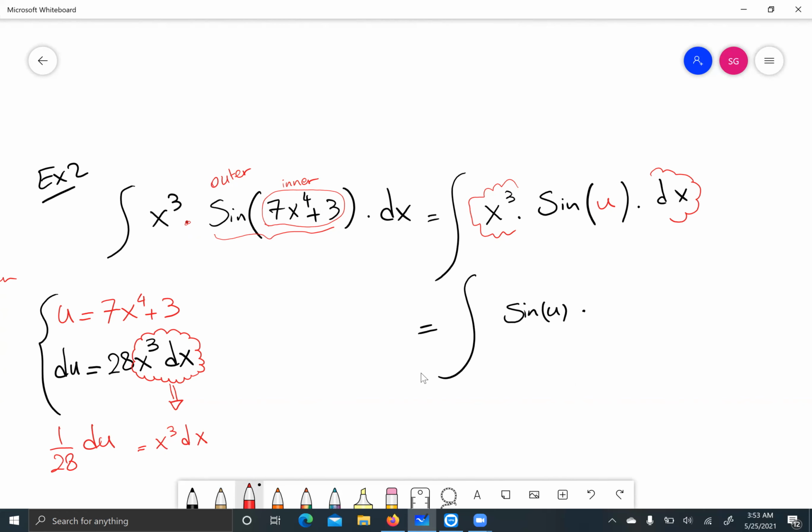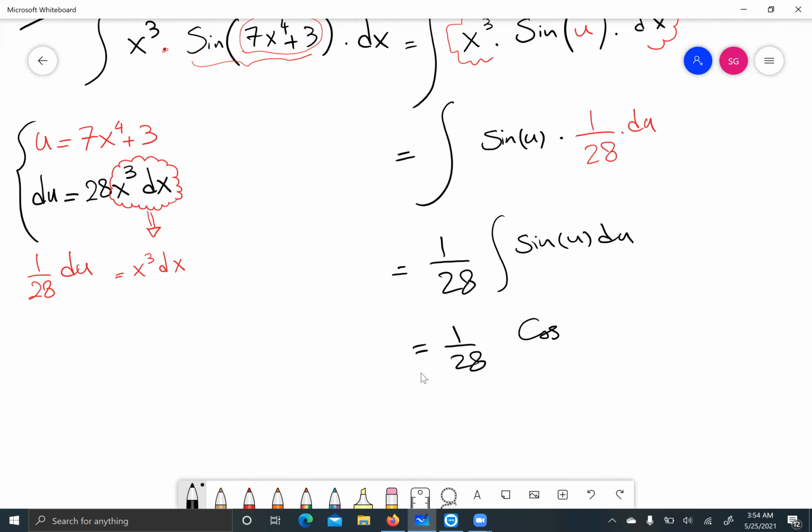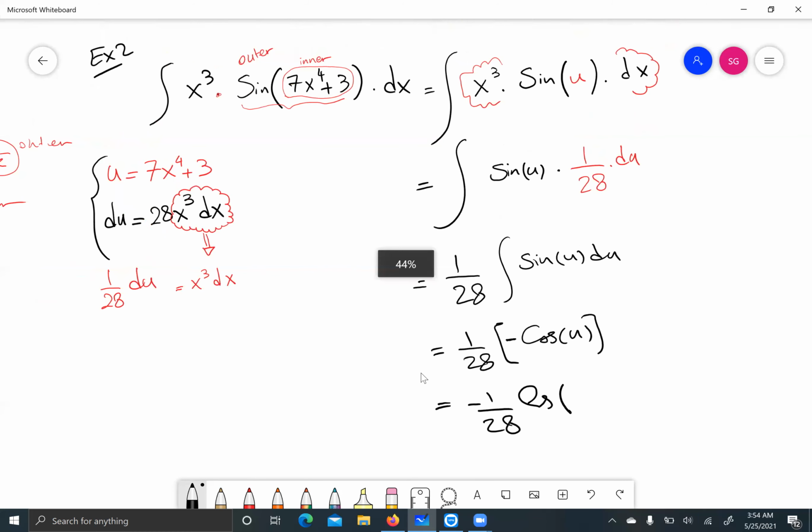Now we have an integral that is entirely in terms of u. The integral of sine is cosine. Sorry, it's negative cosine. So it's going to be negative 1 over 28 cosine of, now expressed in terms of x, u is 7x to the 4 plus 3.